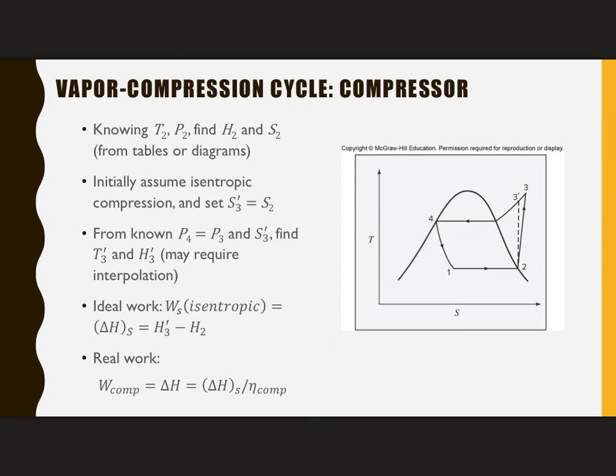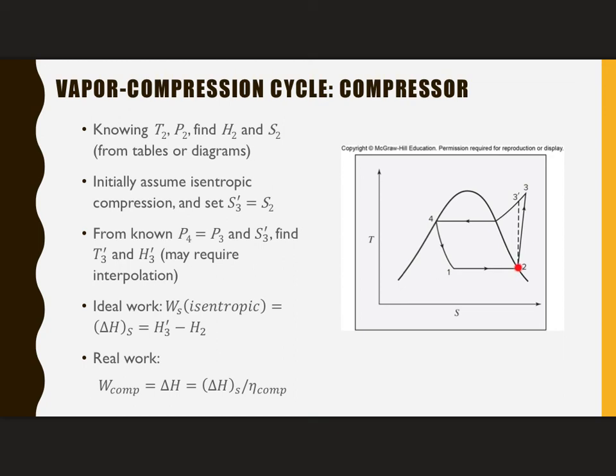So you are going to know T2 and P2, and you can use that to find all of the data here. This is going to be a saturated vapor at the temperature or pressure that was given, or that you've assumed.